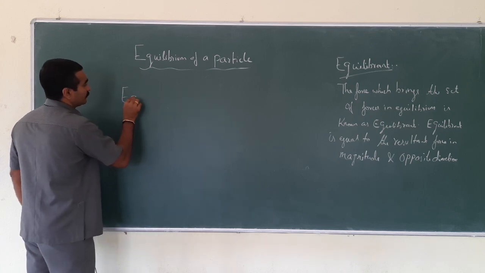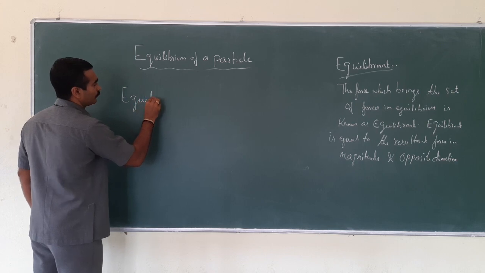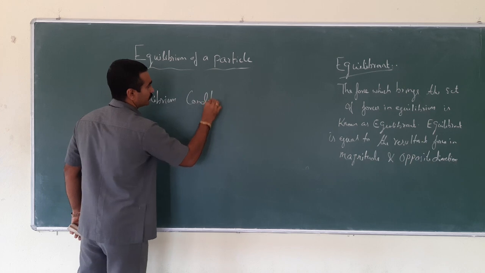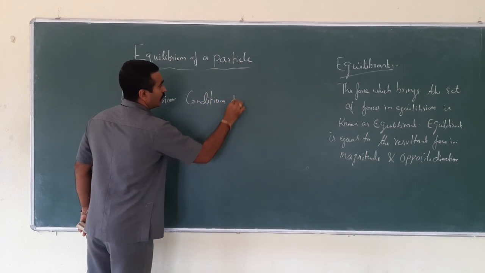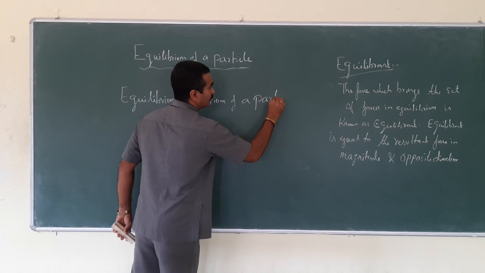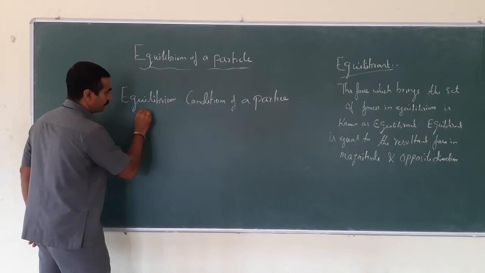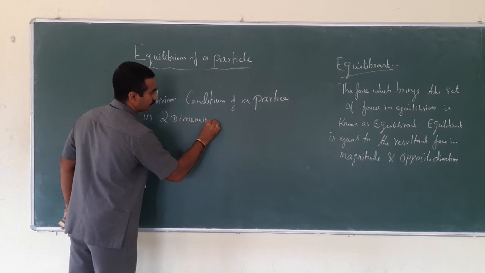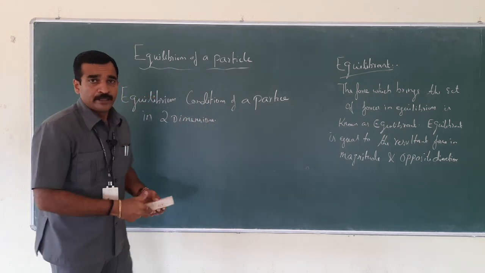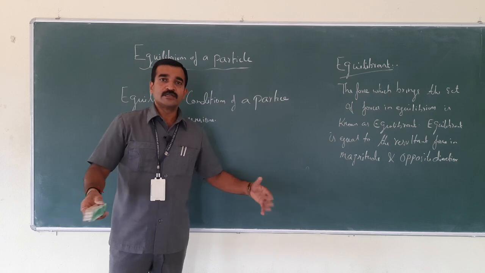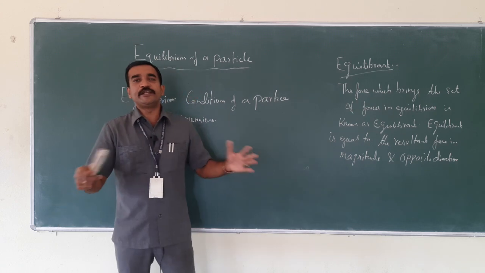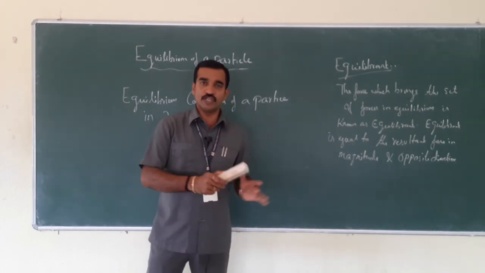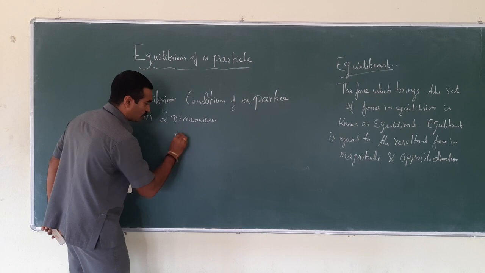The equilibrium condition of a particle in 2 dimensions. What did I tell you? A body is said to be in equilibrium when the resultant force acting on the body becomes 0. That means R is equal to 0.